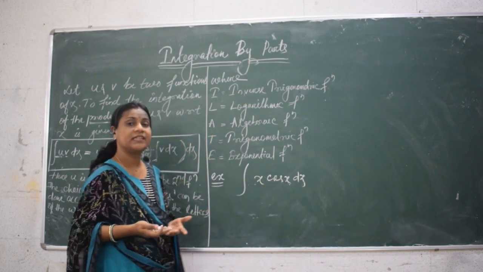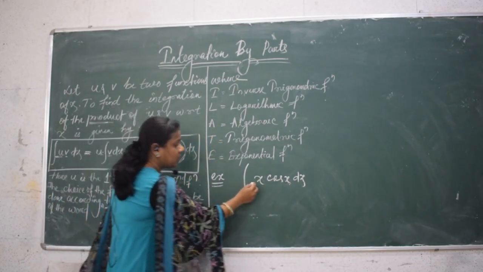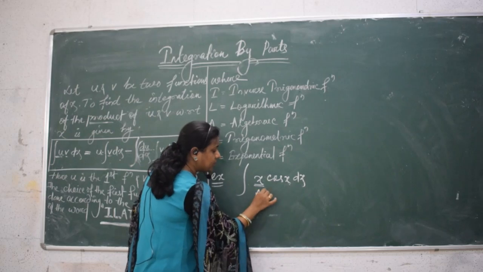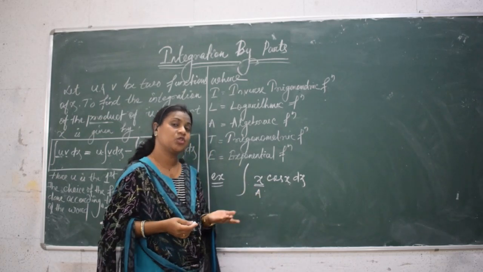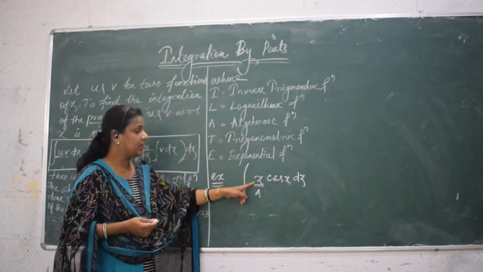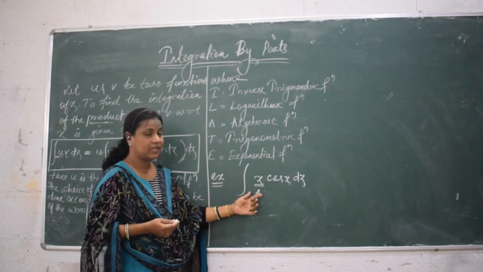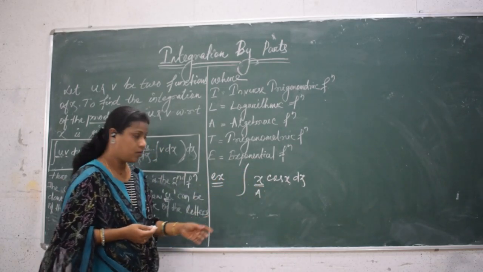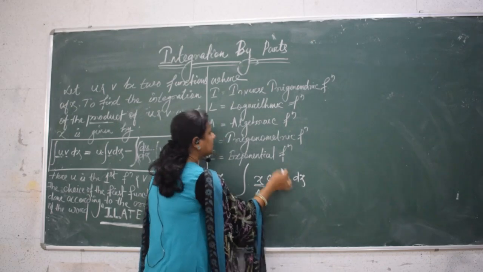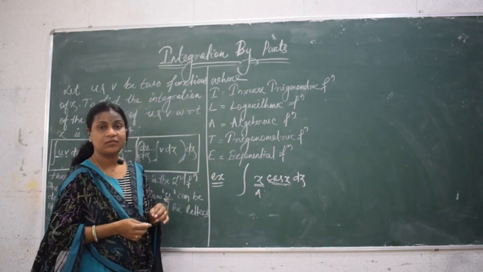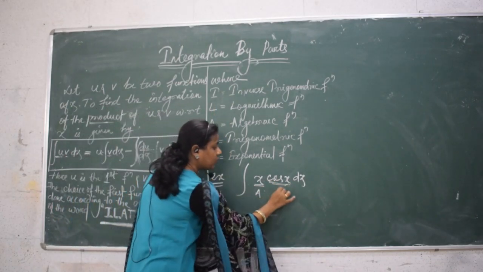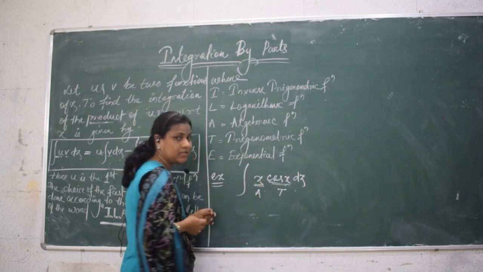Which one will you take as the first function? Here x is the algebraic function, of the form x to the power n. And cos x is the trigonometric function.